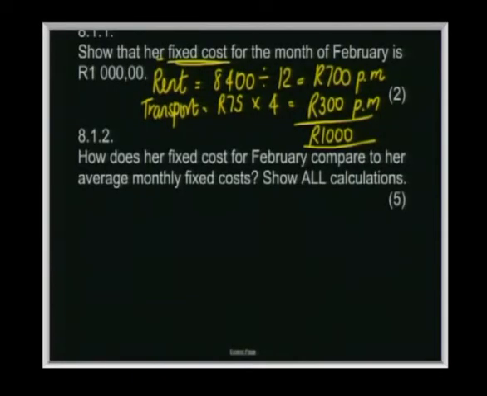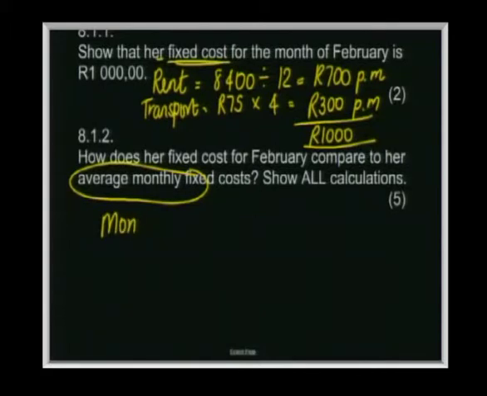How does her fixed cost for February, which is what we've just found out, compare to her average monthly fixed costs? Show all calculations. So to find the monthly average, we're going to actually have to find the yearly total and then divide it by 12.